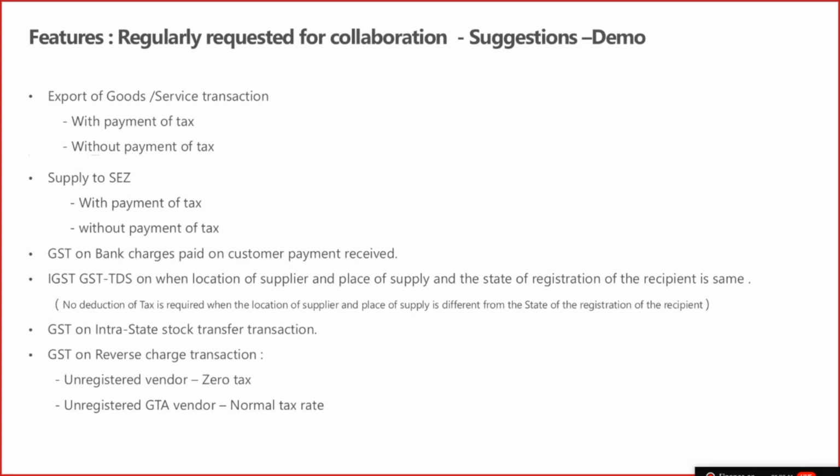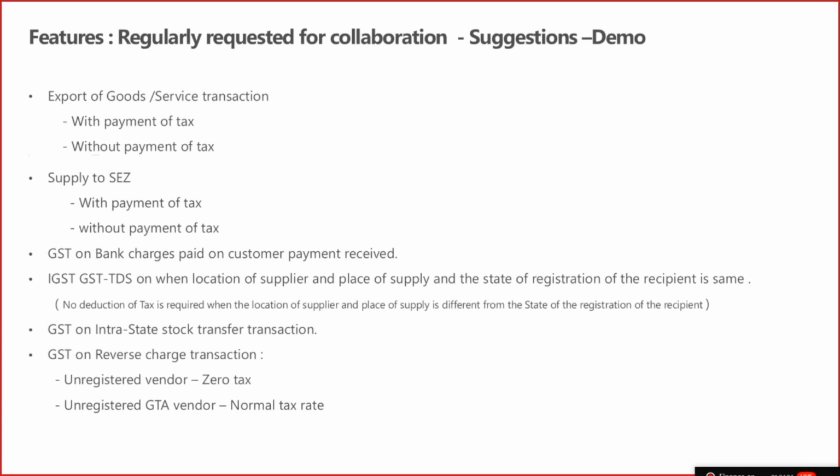Similarly, for supply to SEZ, again there are constraints where first you have to identify the SEZ. SEZ means both the supplier and the receiver are based in India, and the tax will be calculated, with payment and without payment options are also there.